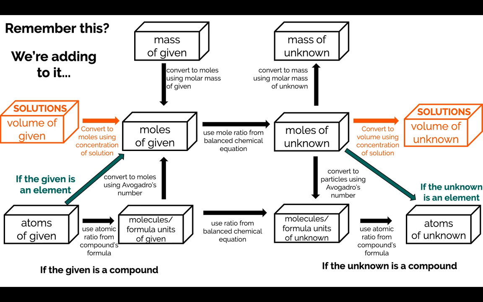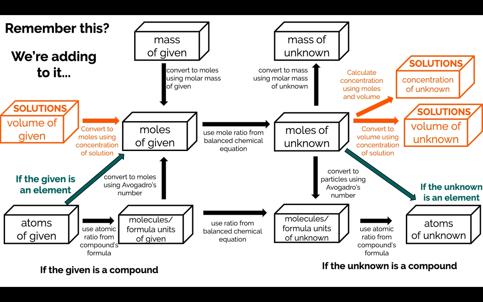The other thing that you might be asked for is a concentration of an unknown. So you might be given some quantities of some other reactant in the chemical reaction, and asked, well, what was the concentration of the solution to begin with? So in that case, you've got the moles of unknown. You'd be given the volume, so you would just calculate the concentration using the moles and the volume.